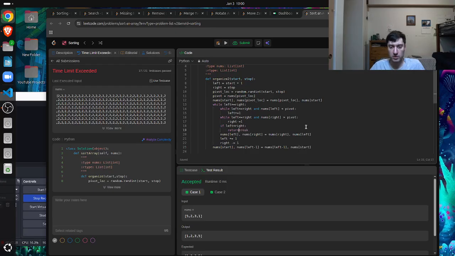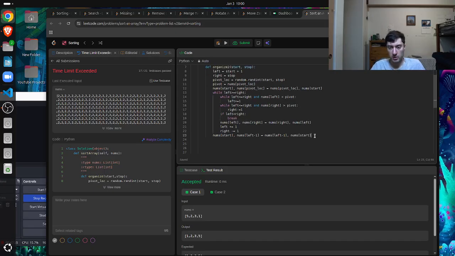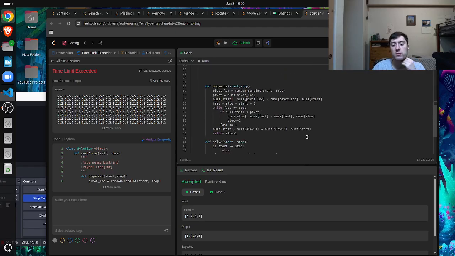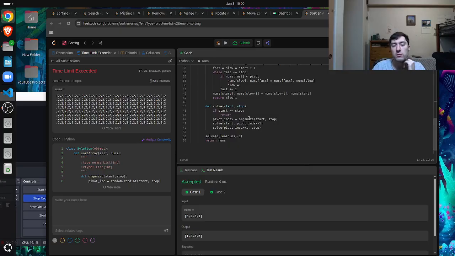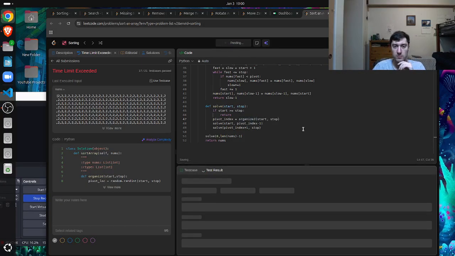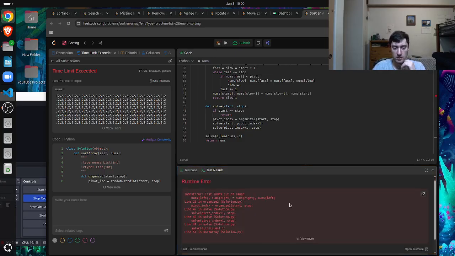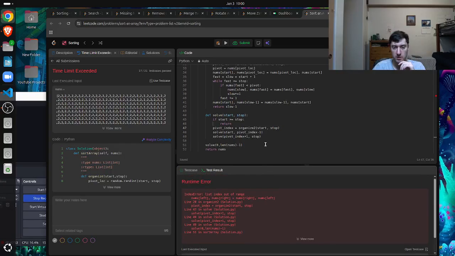Not return break, it's just return, or just break. And then I want to return left minus 1. Okay, where is my error now?